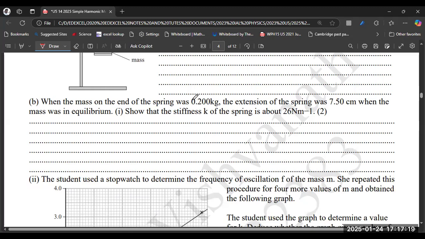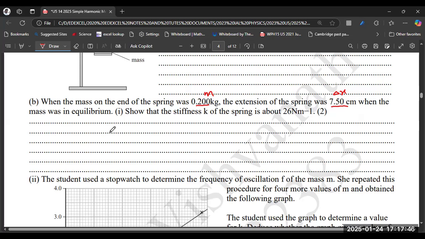When the mass on the end of the spring was 0.2 kilogram, the extension is this. So similar question is it. They have given the mass and they have given the extension. This is not actually the amplitude then. This is what then when we hang a mass, this much extension is shown. When the mass was in equilibrium, show that the stiffness of the spring is about this.